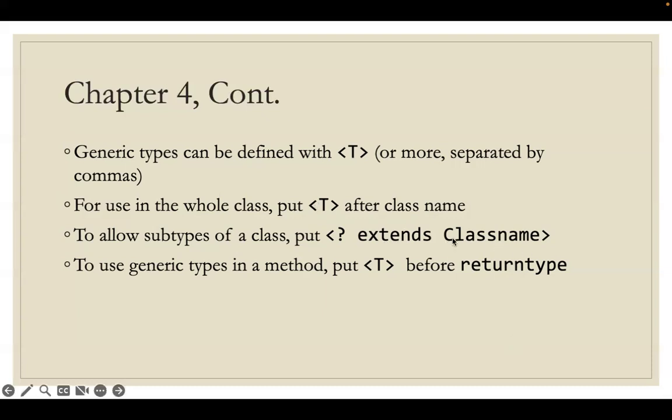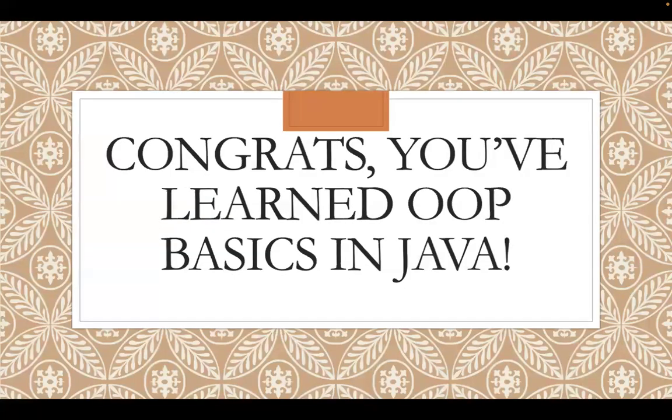So like in Lab 5, you're going to have T extends Student to say that the thing in this section is going to be a type of student. We can also use generic types in a method and just put it before the return type. Congrats, we did it. We learned the basics.